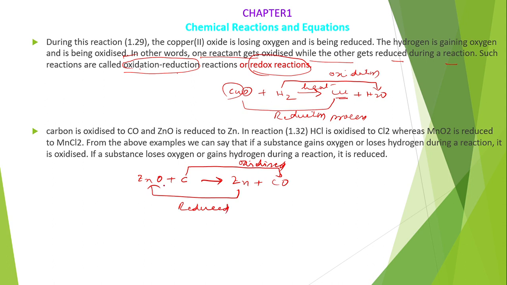So zinc is losing oxygen, that's why it is reduced. So one more example we will see. MnO2 plus 4HCl gives MnCl2 plus 2H2O plus Cl2.